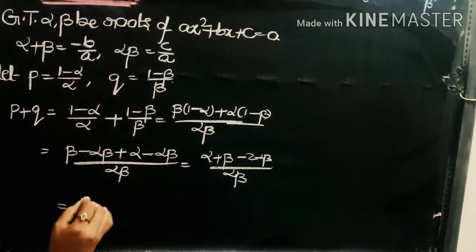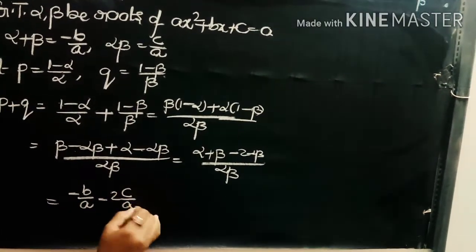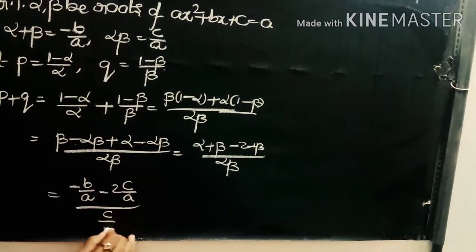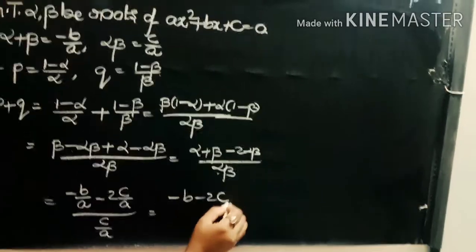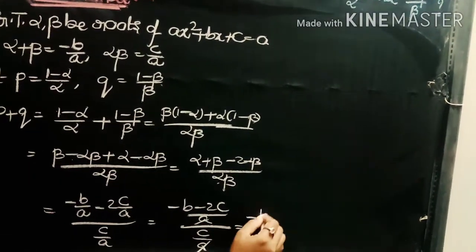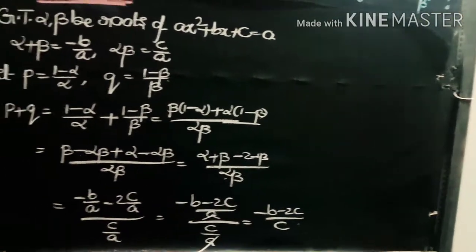Now replacing the values, α + β = −b/a and αβ = c/a, all divided by αβ, that is c/a. Now taking the LCM, (−b − 2c)/c, which gives the answer (−b − 2c)/c. Now this is the value of p + q.